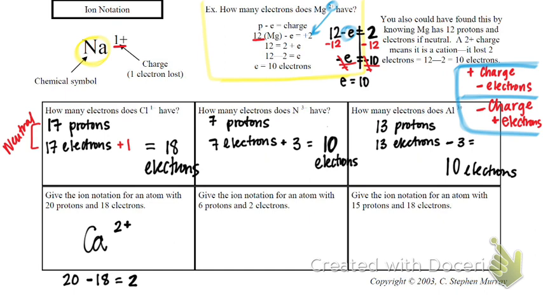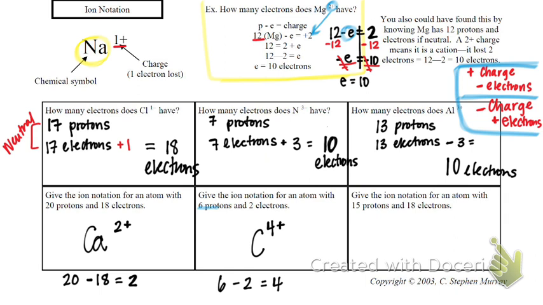Okay. The next one, what atom has 6 protons? Carbon is just C by itself. So we've got 6 protons, 2 electrons. Yeah, a positive 4 charge, and we write it 4 positive. Good.